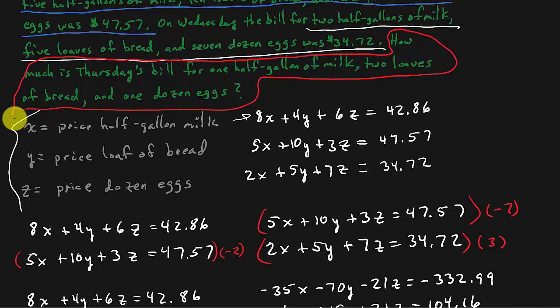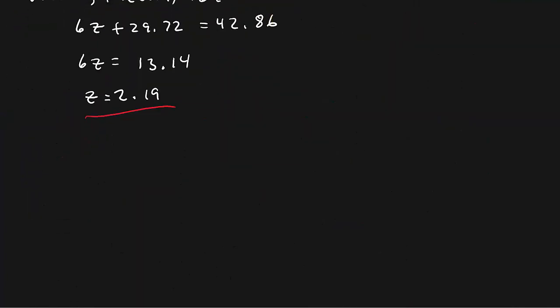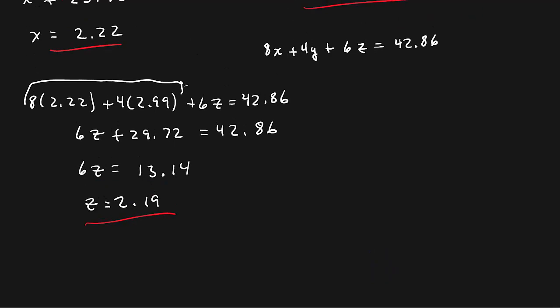For 1/2 gallon milk, 2 loaves of bread, and 1 dozen eggs. So they want to know for 1/2 gallon, 2 loaves of bread, and 1 dozen eggs. That's what they're wanting to know.